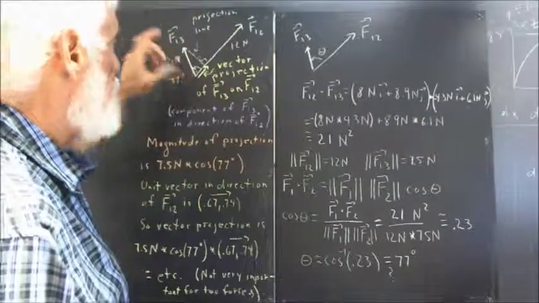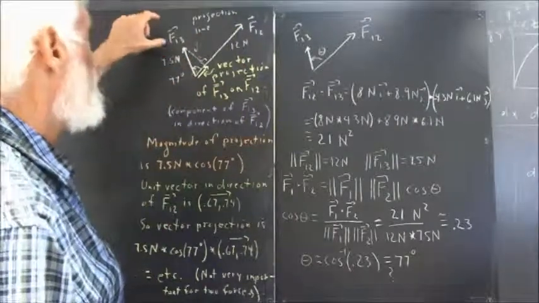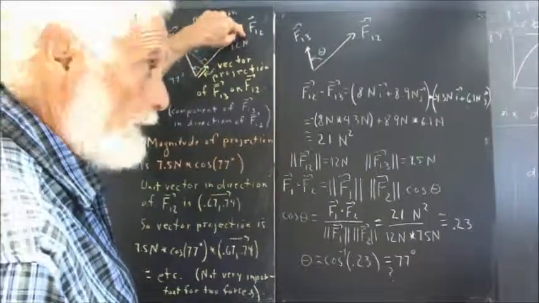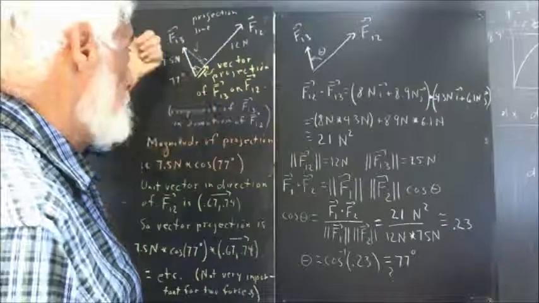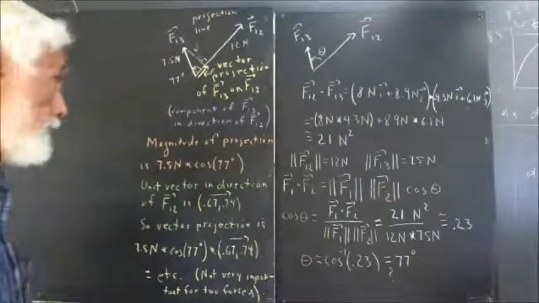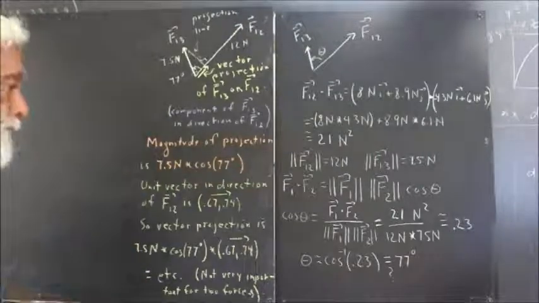And we then can say that we have the components of F13 parallel to the direction of F12 and perpendicular to the direction of F12. We're probably not going to do that right now, but it's also a very important thing.